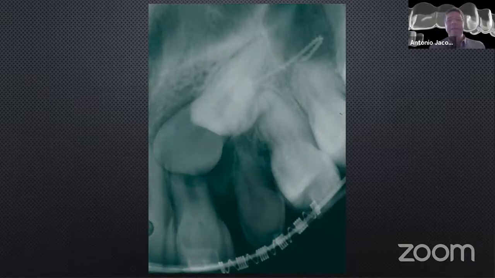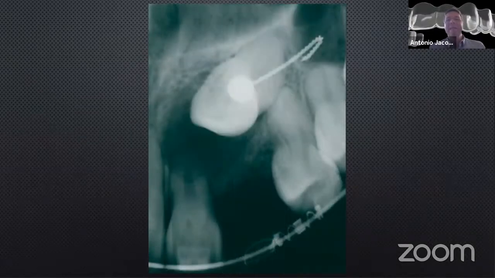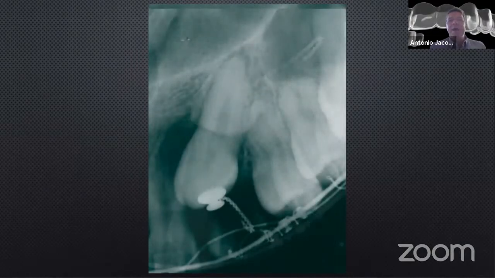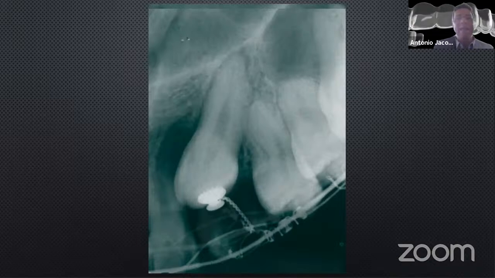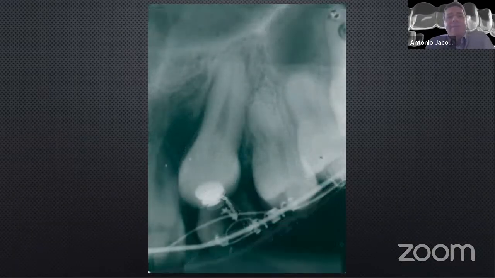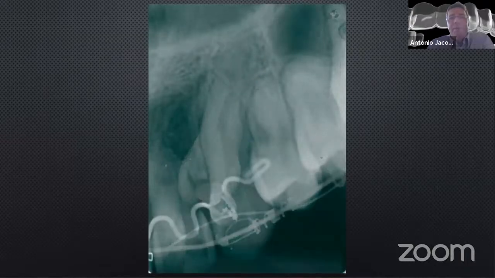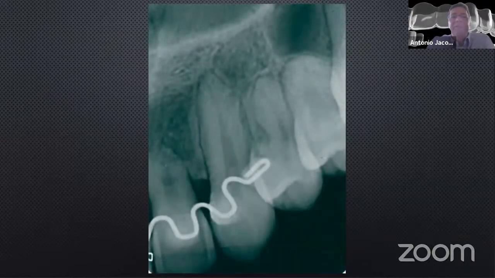It comes very nicely. First, we distalized the canine, and then we bonded in another surgery the bracket to the buccal side of the canine, and now the canine is coming to the buccal position. And this is the end of the treatment.